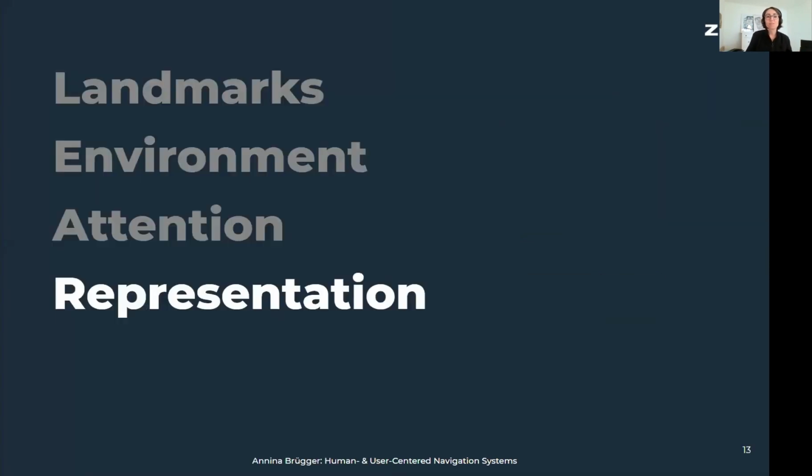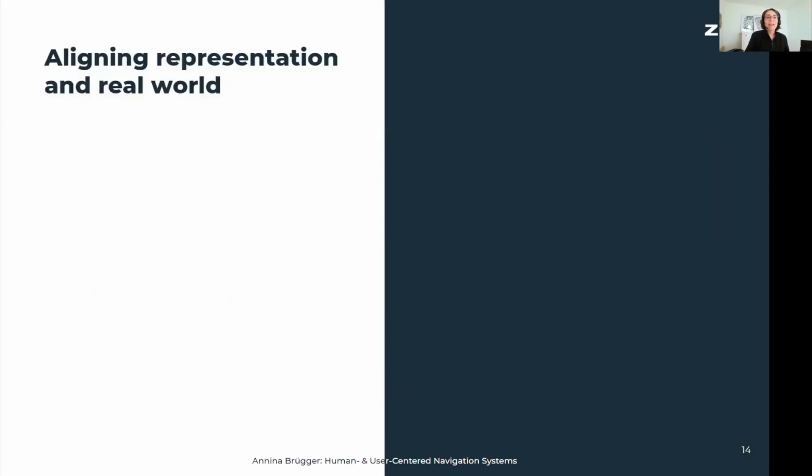Then the fourth principle is the representation. Maps often use symbols to represent features from the real world. And that is an important fact, aligning representation to the real world. It is important because it facilitates efficient navigation to keep oriented, and it often relies also on existing knowledge of the human user.